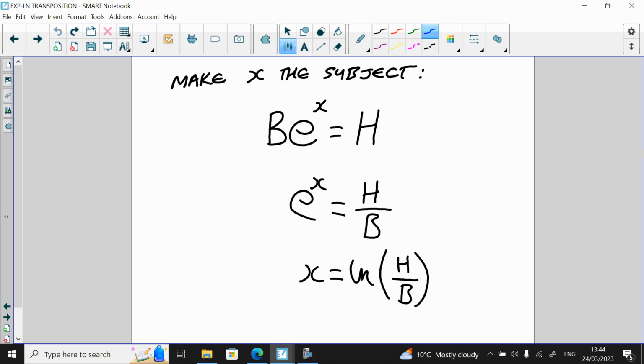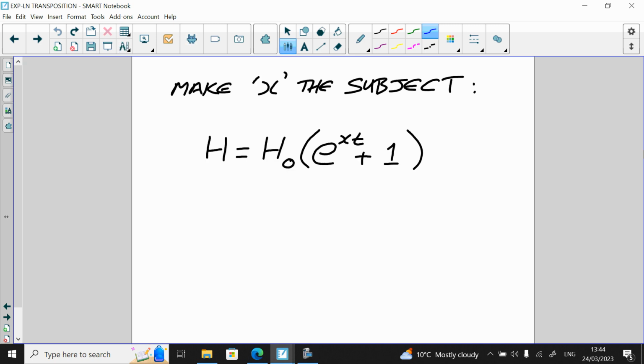Oh, here we go. It's looking more complicated. Right, in this one, please note you've got h on both sides. This h and that h. This h with a wee zero, it means something like an original value of h.